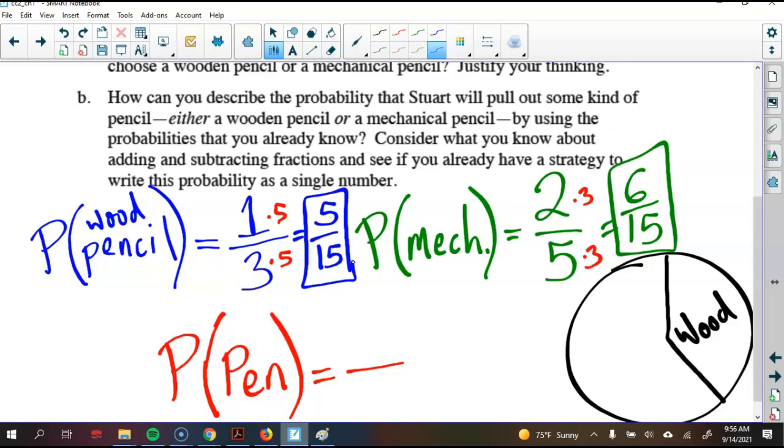You should have gotten, and I'm sorry, we're just running out of time, so I'm trying to squeeze in the end of this problem. To turn 3 into 15, we multiply by 5. Do the same on top.